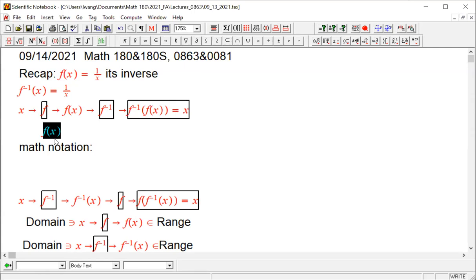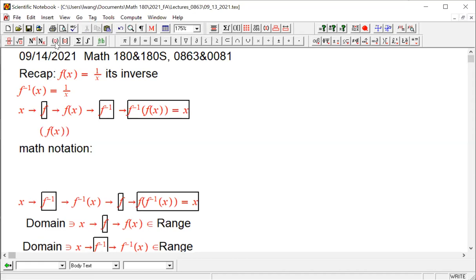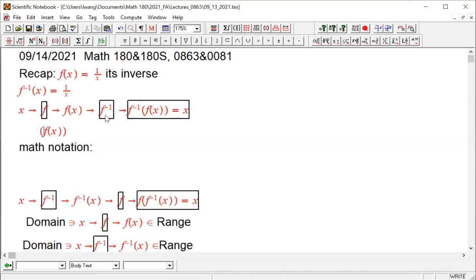The next rule is f inverse. So this is served as an input, and the next rule is f inverse. It could totally be a different rule. And this is going to be the same as the input that we start with.